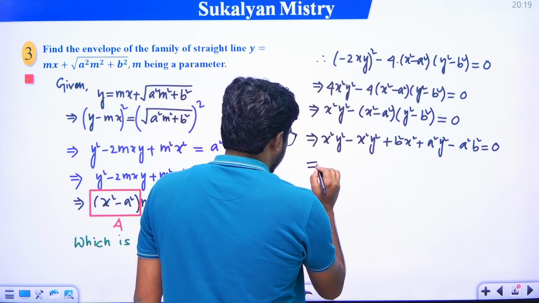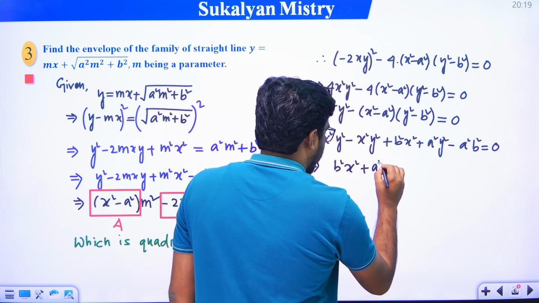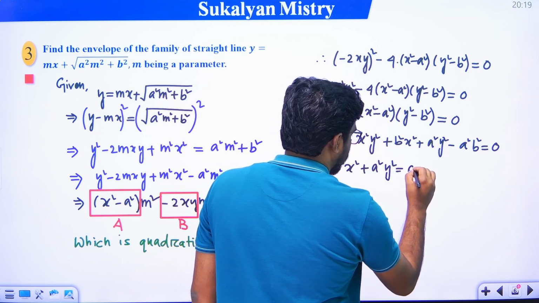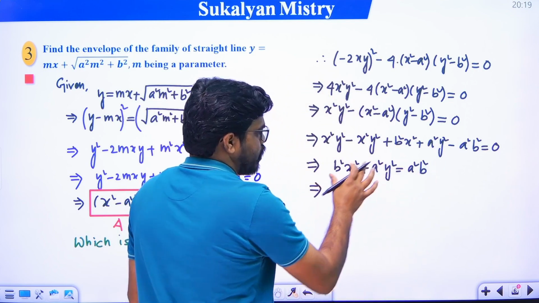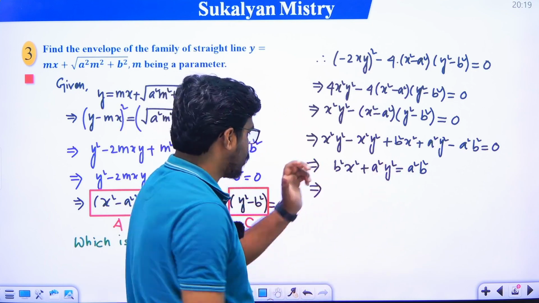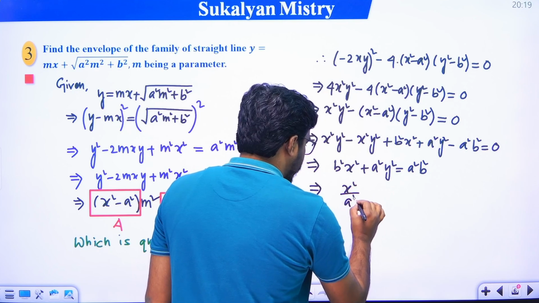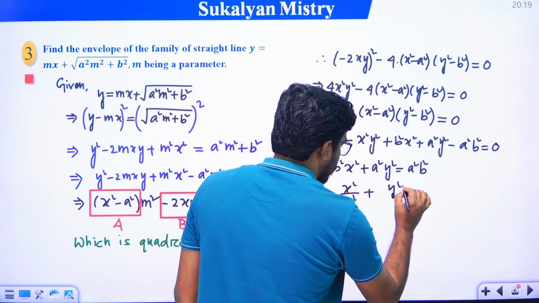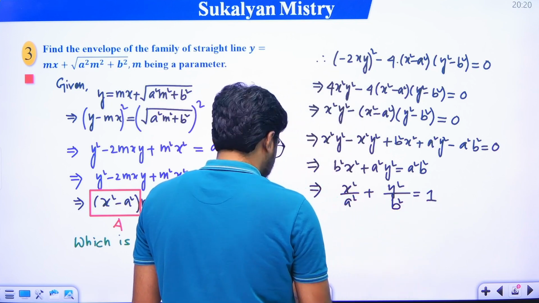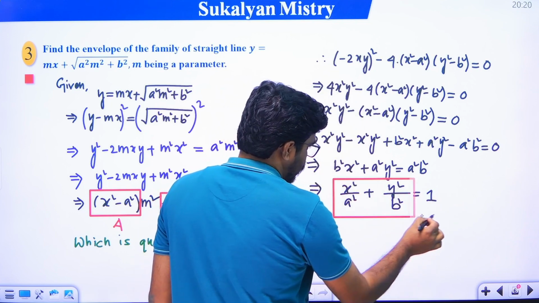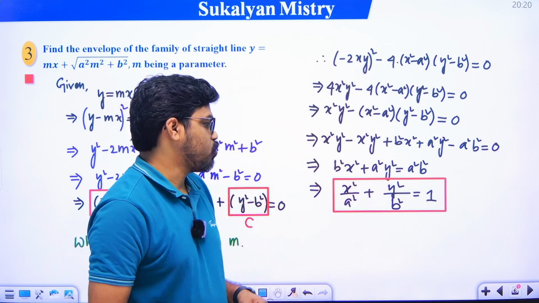So this implies b square x square plus a square y square is equal to a square b square. Now dividing both sides by a square b square, what do we get? That means x square by a square plus y square by b square is equal to 1. So which is the required envelope? This is an equation of an ellipse.